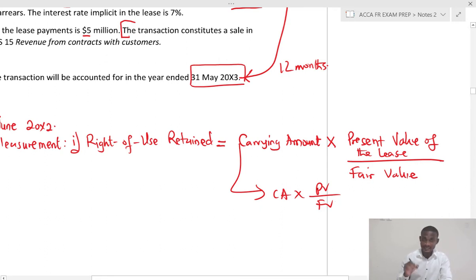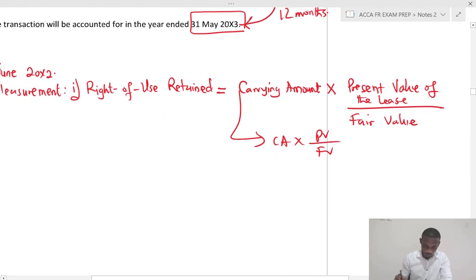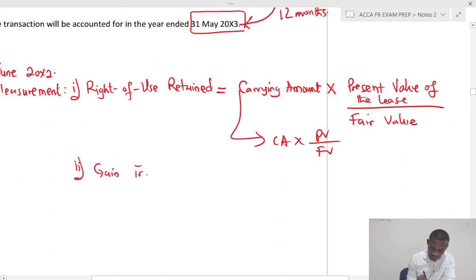It's a must-learn formula. Now, the second thing to do at that initial measurement is to find what we call the gain transferred. The gain transferred to the buyer is what the seller must recognize.